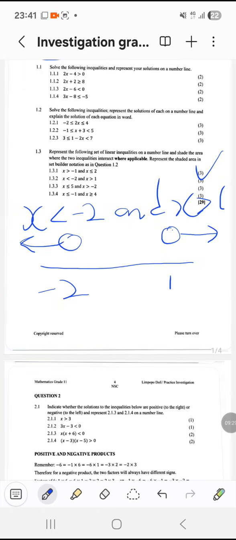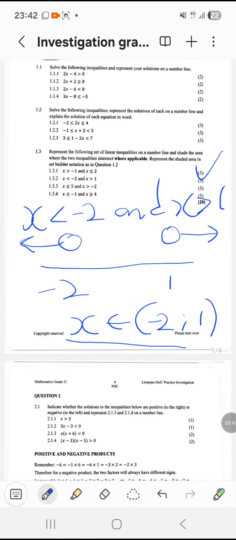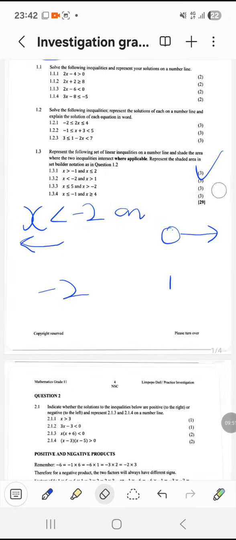It points to the other side. So these points, they do not intersect. Now, interval, this is how we draw the interval. X is the element of open -2 and 1 and close open. Close circle. Yeah, let's go to 1.3.4.